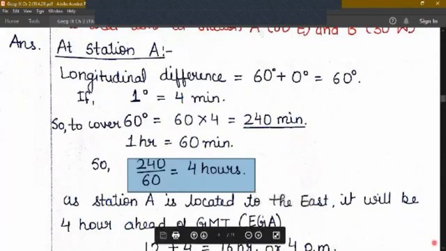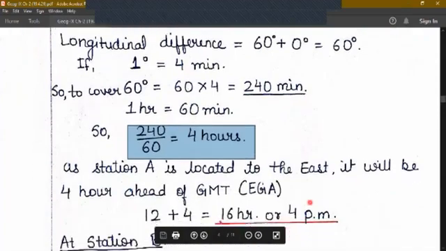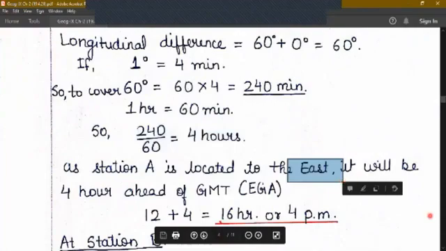As station A is located to the east, it will be 4 hours ahead of the Greenwich prime meridian. So remember, east gain add, EGA.